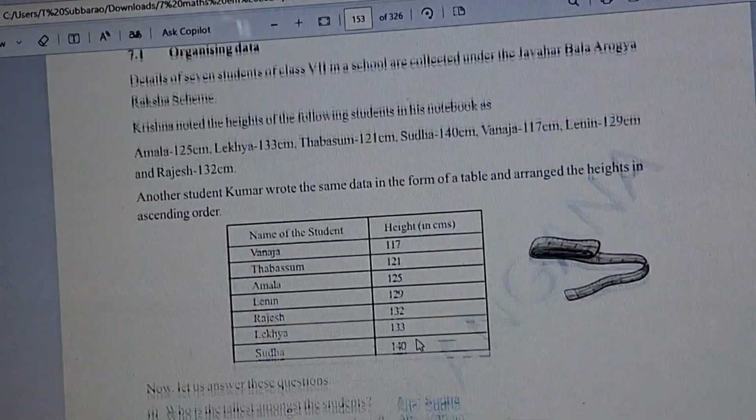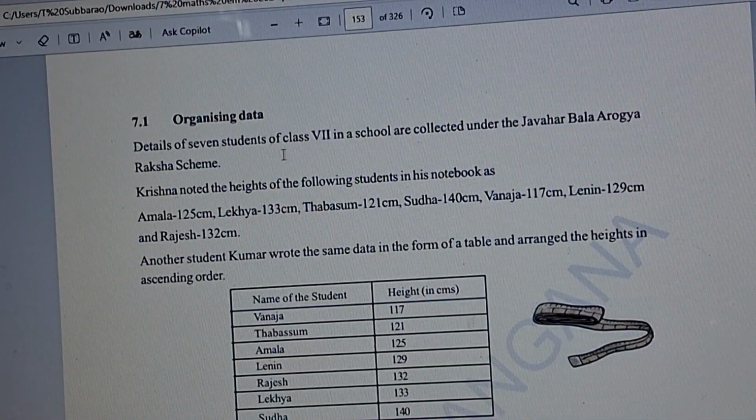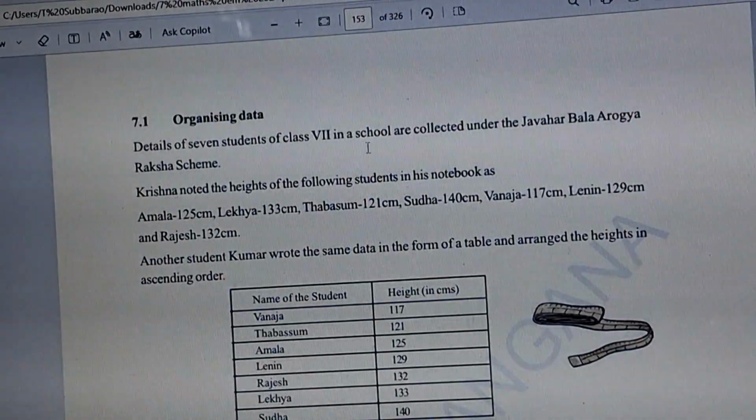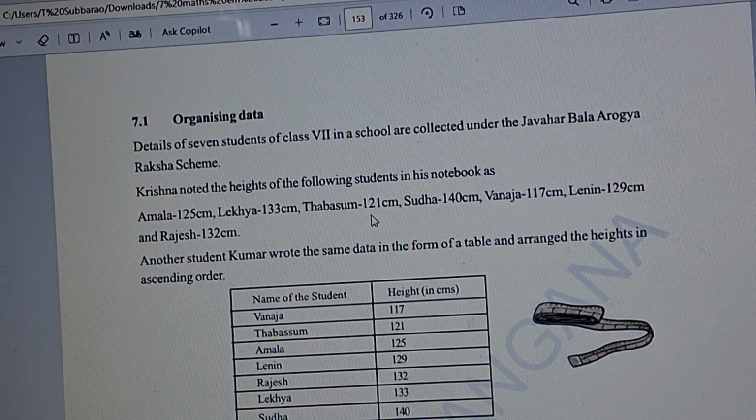Now, organizing the data. Organizing the data means, here you see details of 7 students of class 7 in a school are collected under Jawahar Bala Arogya Raksha scheme. So, Krishna noted heights of the following students in his notebook: Amala 125 centimeters, Lekhya 133 centimeters, Tabasam 121 centimeters, Sudha 140 centimeters, Vanaja 117 centimeters, Lenin 129 centimeters, and Rajesh 132 centimeters.